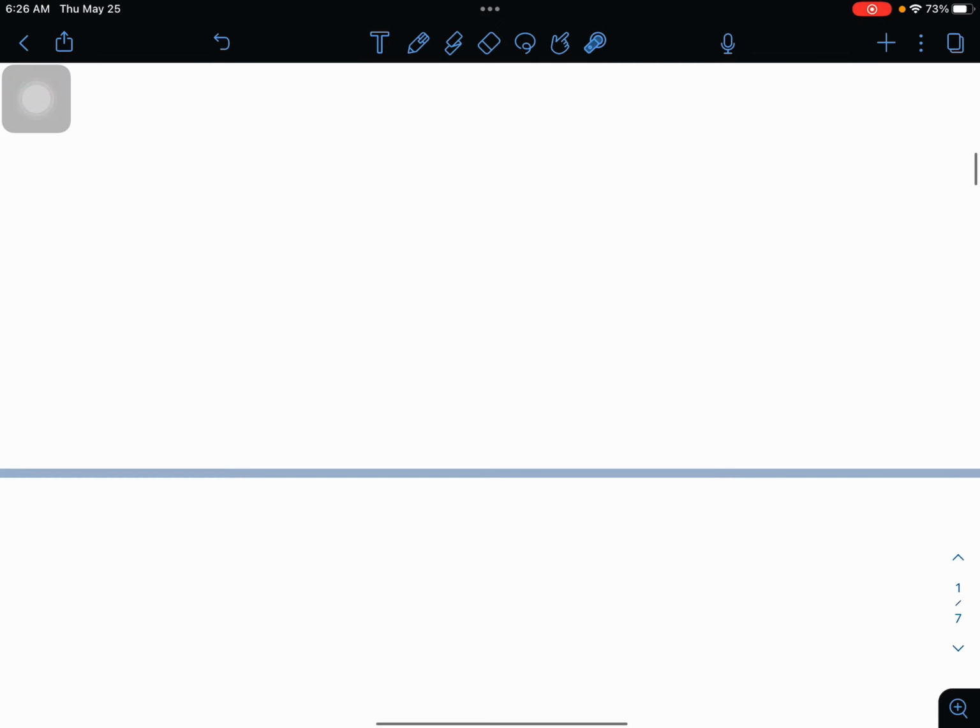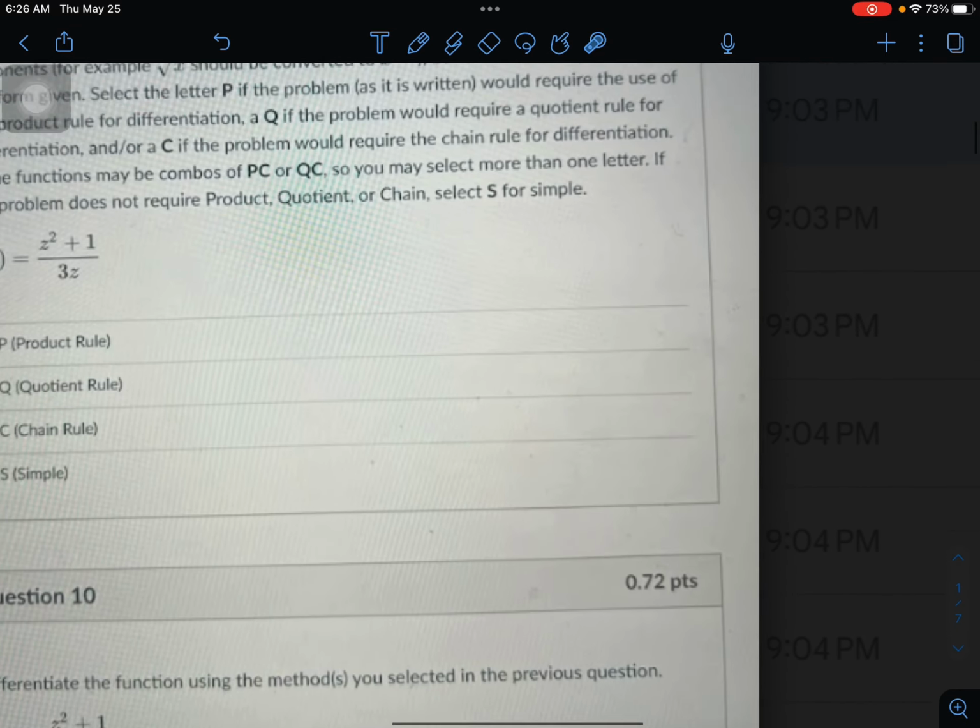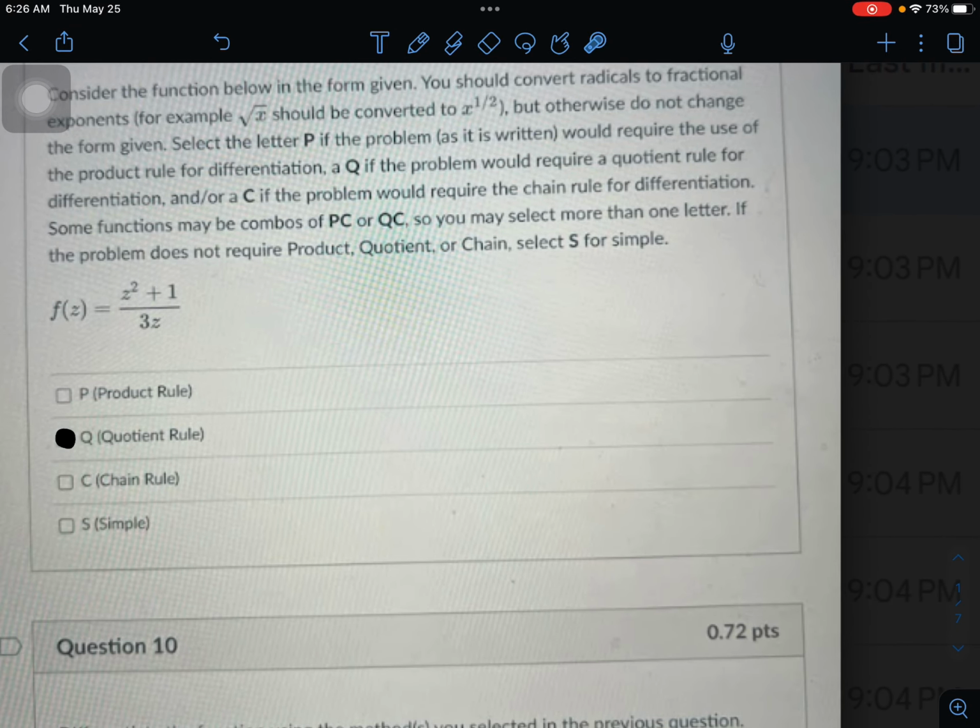I don't see anything like that on this problem. I just have a function on the top, but that function hasn't been placed in another function, and I have a function on the bottom, but that function hasn't been placed inside of another function. So I don't see anywhere where I put one function inside of another function. So I'm not going to be using the chain rule.